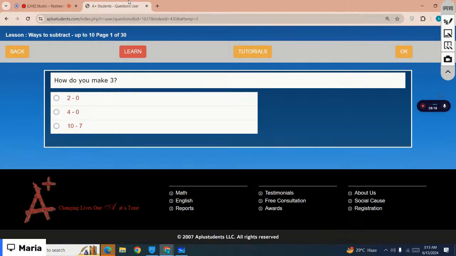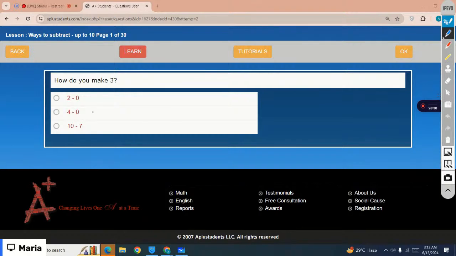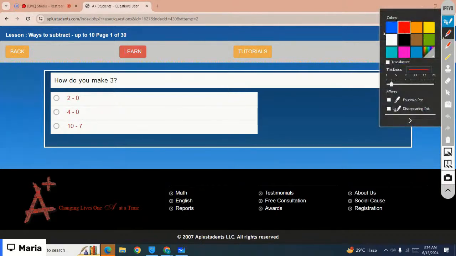How do you make 3? Which is the correct option? 2 minus 0, 4 minus 0, 10 minus 7. Let's just solve. Let's see which one makes 3, right? 2 take away 0 is 2. 2 minus 0 is 2. 4 minus 0 is 4.